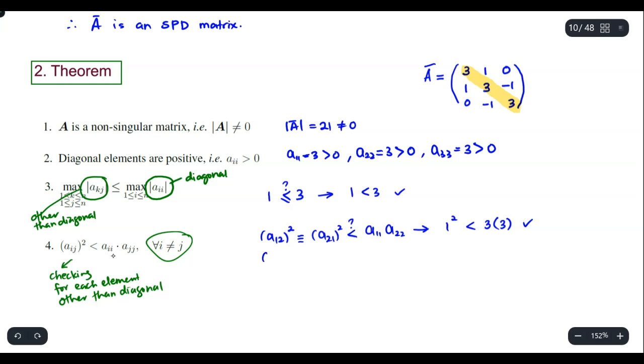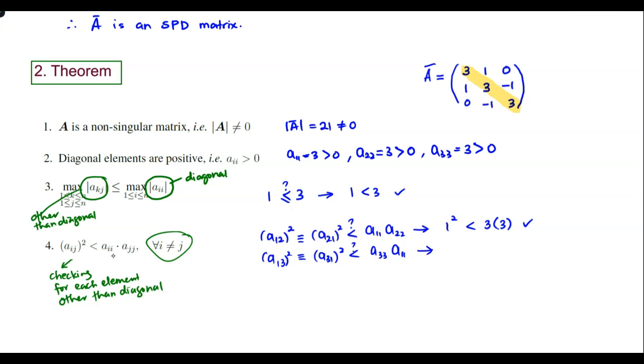Then we check A13, which is the same as checking A31 square, against A11 times A33; they will be the same. A13 is 0, squared, and on the right side we have 3 times 3. Clearly 0 is less than that, so we are okay with that.